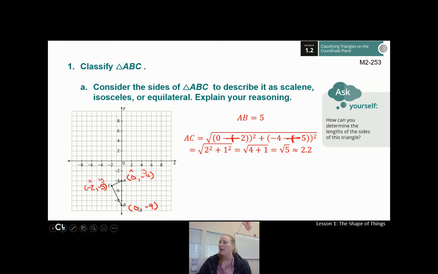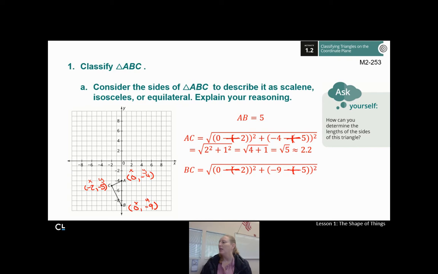Let's now take a look at side BC. So again, my x coordinates, subtract those. My y coordinates, subtract those, right? That's our first thing we have to do. So I did 0 minus a -2, and then I did -9 minus a -5. Remember, it doesn't matter which one comes first. It'll all work itself out in the end. So that double negative becomes a positive. So 0 plus 2 makes that 2 squared. Double negative becomes a positive.